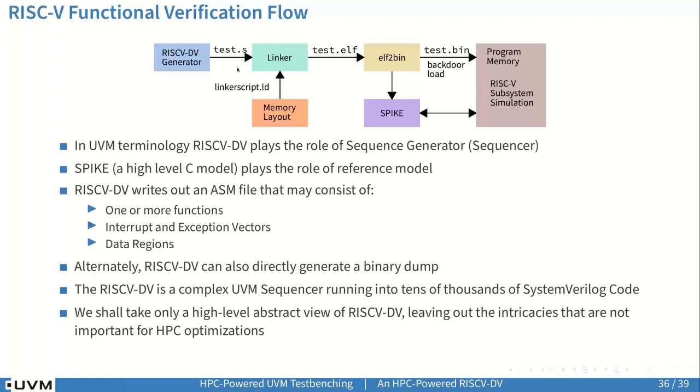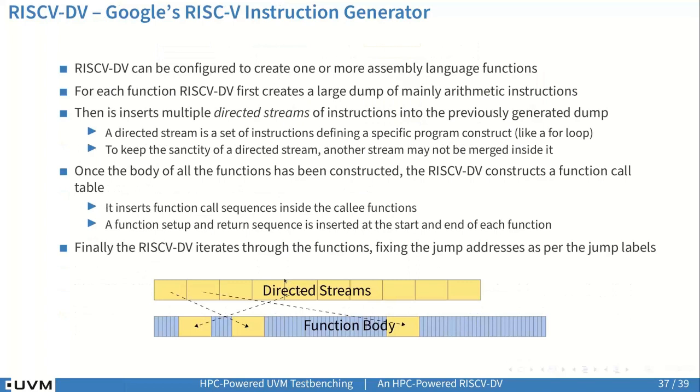As for how the generator itself works, if you tell it to generate, say, 1 million instructions, then you also need to tell it how many functions need to be there, which basically embody those 1 million instructions.